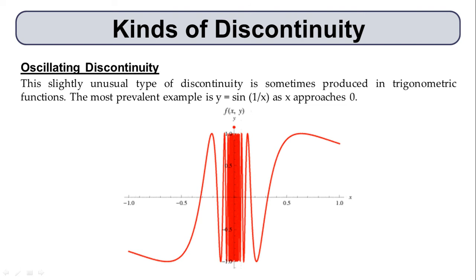So habang nangyayari yan, yung input ng sine function, 1 over x, lumalaki siya ng lumalaki towards positive infinity. Kaya naman nagkakaroon siya ng oscillation na medyo wild dahil dyan sa limit na yan. So, wala akong example dyan.